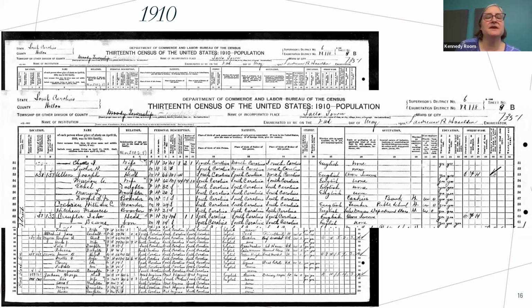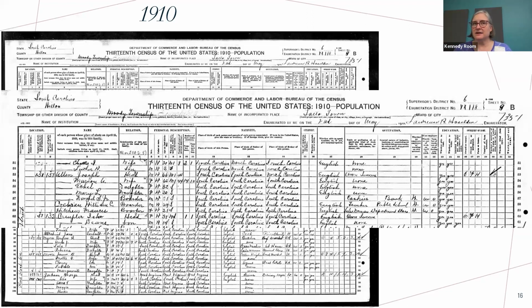My note says 15, probably the 1st. Relationship to head of household, the personal description of sex, color, age at last birthday, single, married, widowed, divorced, the number of years of present marriage, the mother of how many children and how many still living.